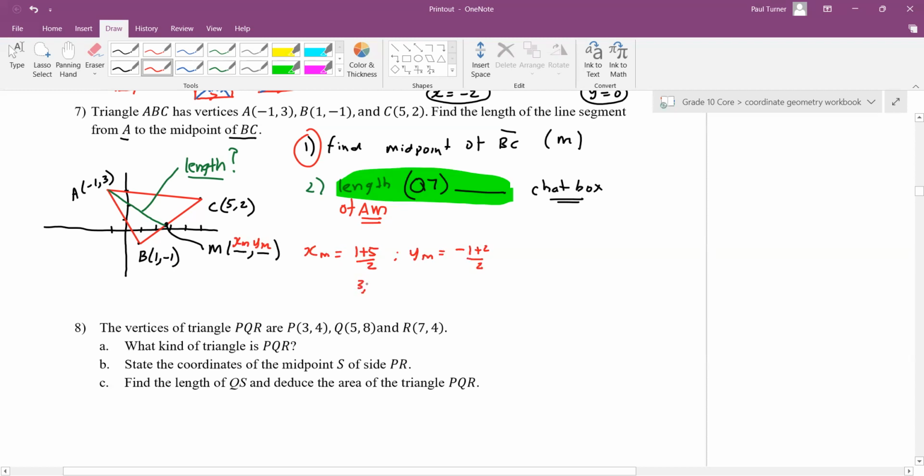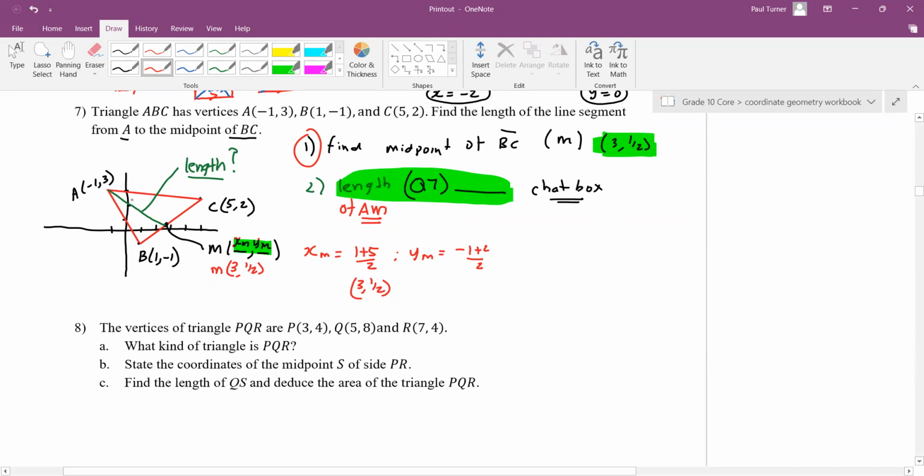So you'll get 3 from this coordinate, and this would be a half. So this is M. So that's the point 3, 0.5, which is your midpoint of BC, okay? So we've got that already. So we'll write it there. 3, 0.5 there. That's M. That's your midpoint.